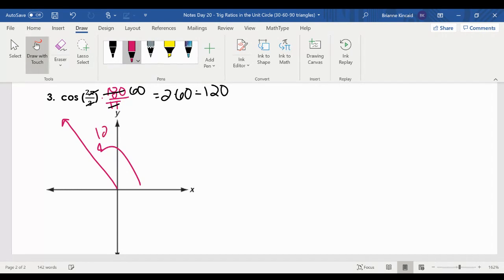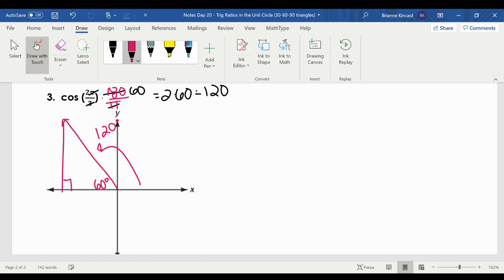If this is 120 degrees, remember you draw either up or down to the nearest x-axis. That's 60 degrees more to get down to the x-axis. So now my reference angle, my theta, is 60 degrees.